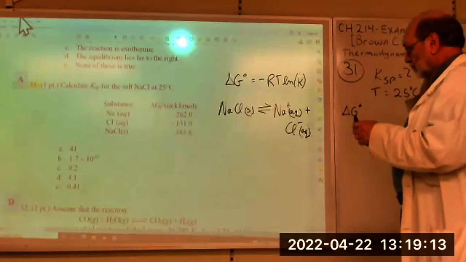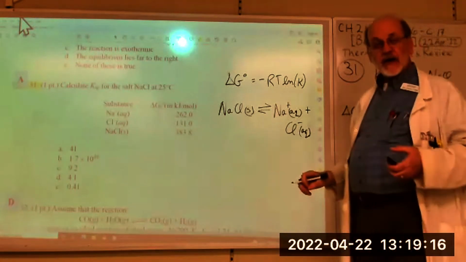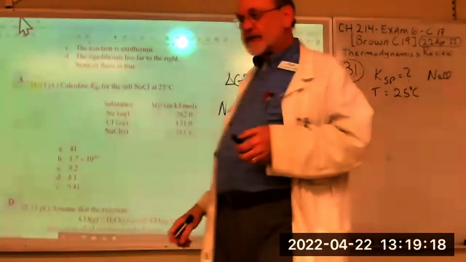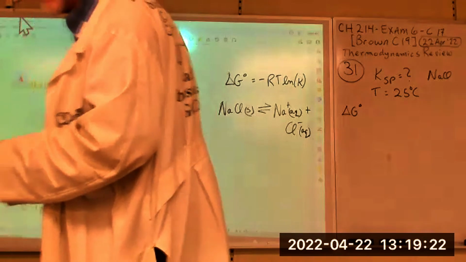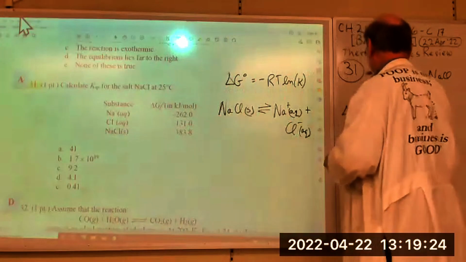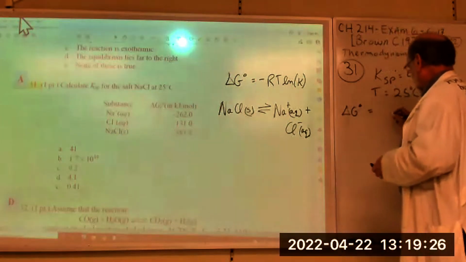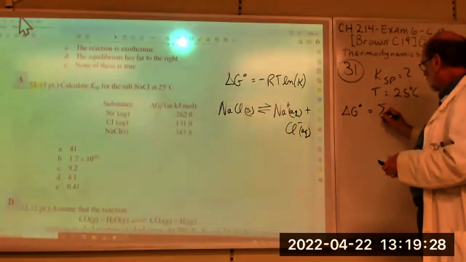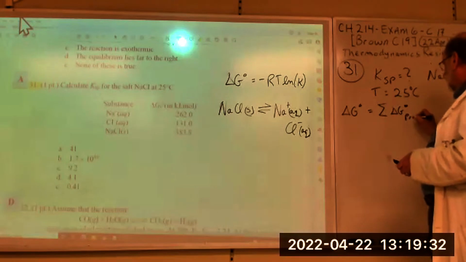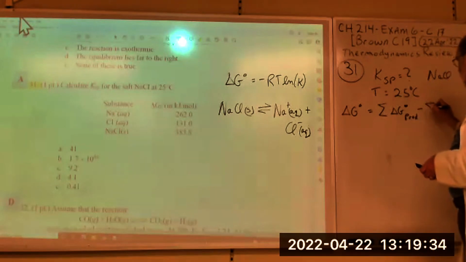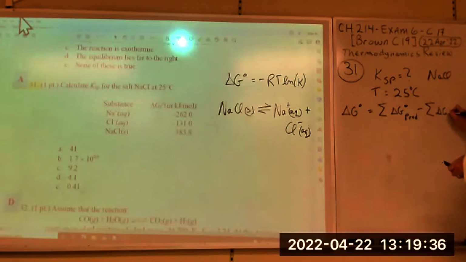Okay. So how do we calculate the delta G for that expression? We use the sum of the delta G zeros for products minus the sum of the delta G for reactants.